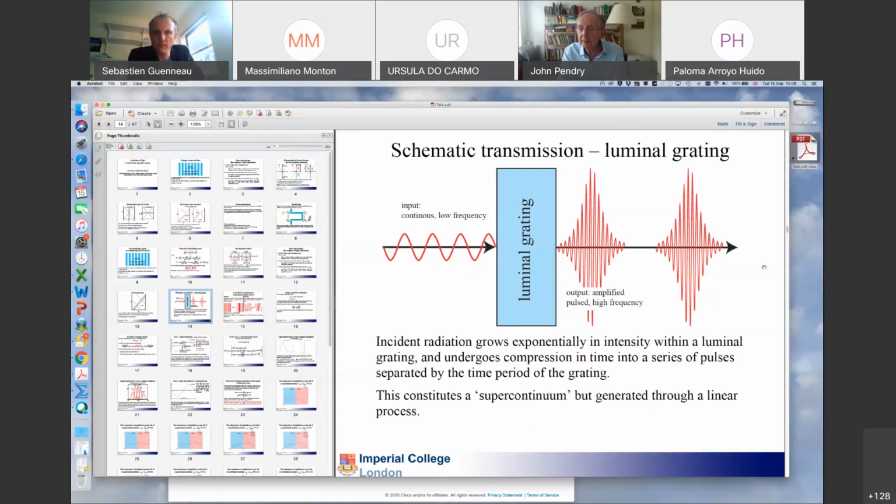Yes. So the issue we had when we started working on this was when we tried to think of implementation is that most of these time modulation mechanisms are done on surfaces because you have a large surface to volume ratio. The problem is that surface waves are typically very dispersive.